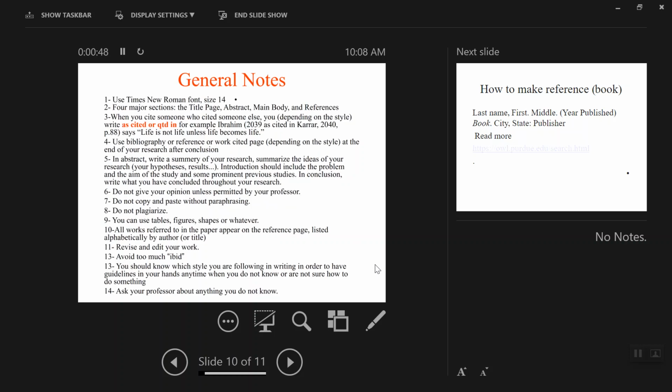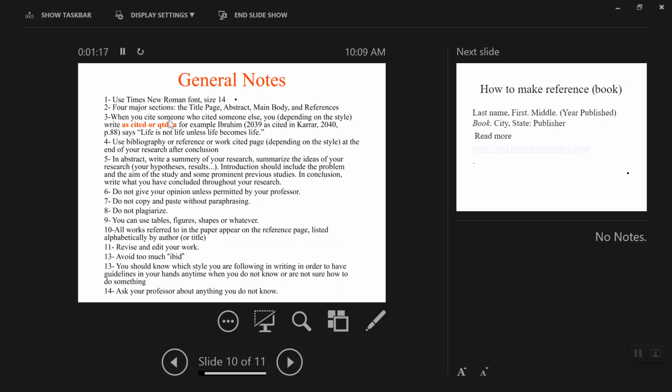General notes, we will finish with this. General notes: when you write here, use Times New Roman font, size 14, not 20, okay, not 10.